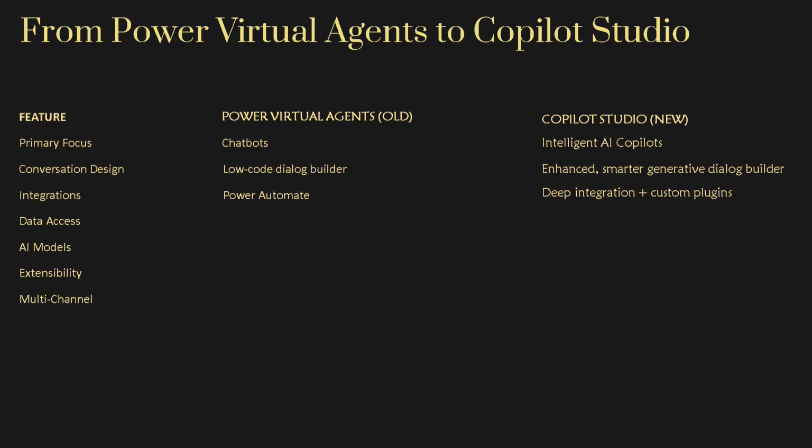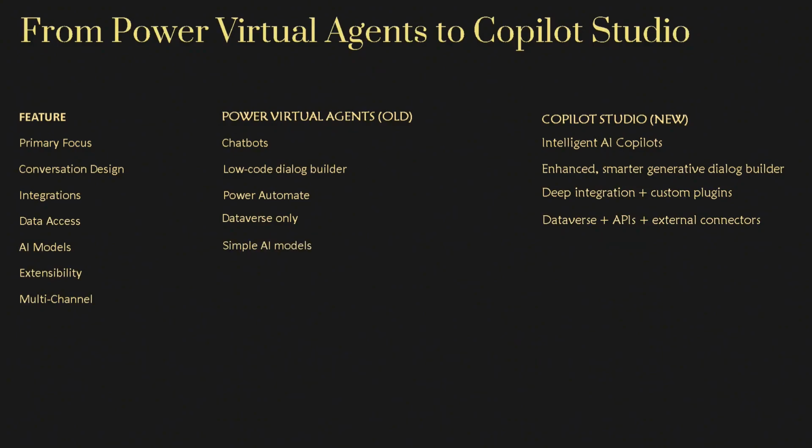So if you know scripting, you can create plugins and integrate them into Copilot, which gives you extensibility. Data access was Dataverse only in Power Virtual Agent, but in Copilot, it's Dataverse, APIs, and external connectors as well.